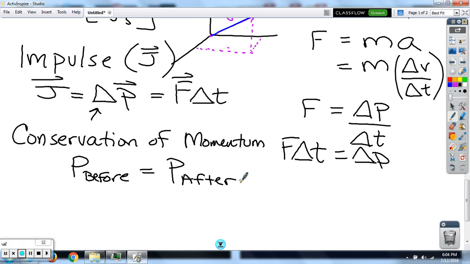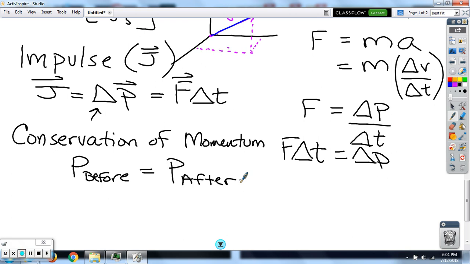If they experience a force, that's an interaction. That means there's more than one object in this system now. Two objects collide. A planet uses its gravity to pull on an object. That means that the momentum of one object might be affected by the other object.